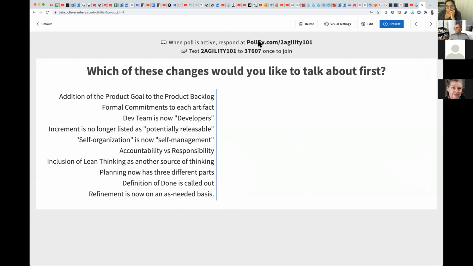And if you go to the link pollev.com/2agility101 in your browser, you would be able to. I think you have to make the poll active. It's not active at the moment. Where do I have to do that? One second. Sorry, folks. It doesn't give me an option to activate, Nina.